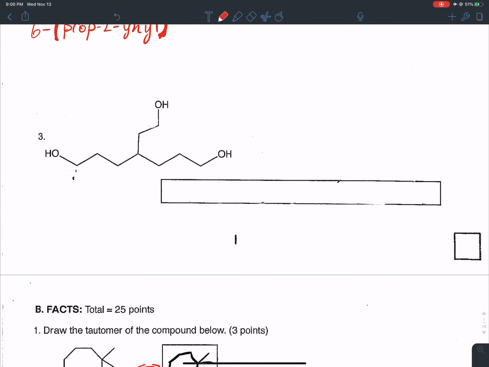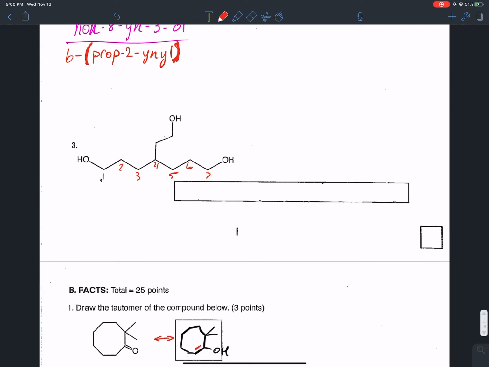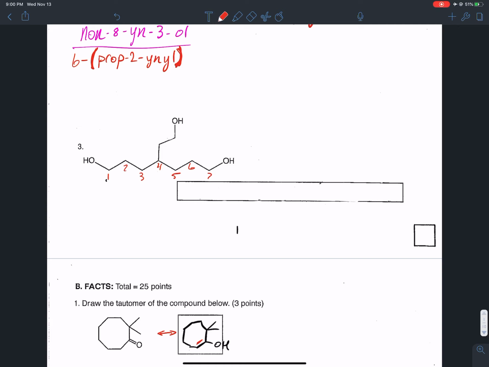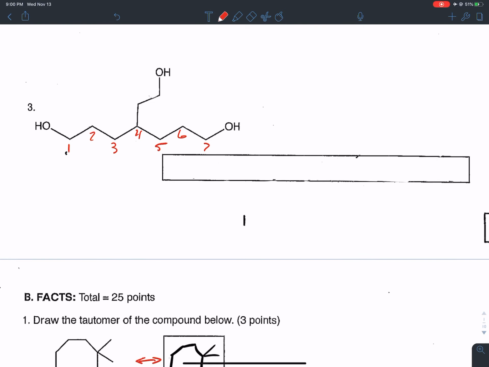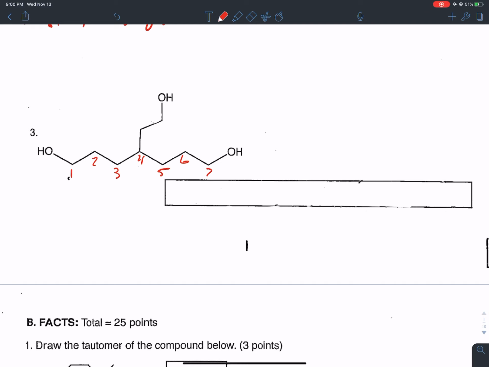So we could name 1, 2, 3, 4, 5, 6, 7, or we could go the other direction. Which one are we going to do? Doesn't matter. It's symmetrical, exactly. So it's completely symmetrical. We don't need to worry about that. So let's just pick left to right, make it easy. So how many carbons in our parent? 7, exactly.